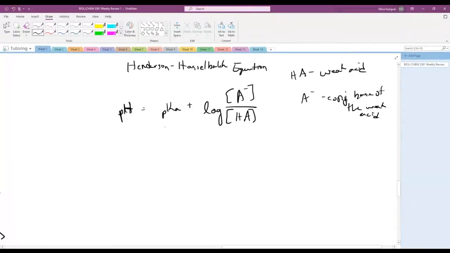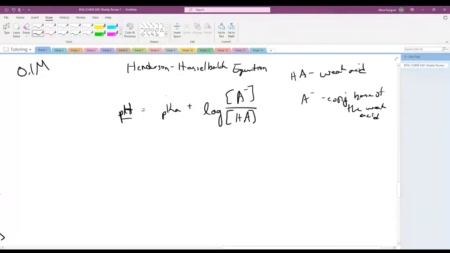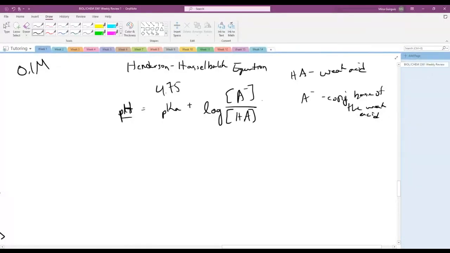Okay, so let me show you how easy this is using the Henderson-Hasselbalch equation. So we know that we're starting with 0.1 molar, and we need to find the pH. So pKa 4.75, easy. Concentration of A minus and HA, a little bit less easy, but we're going to just set up the ice table that we did before.